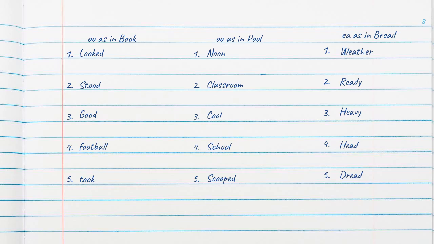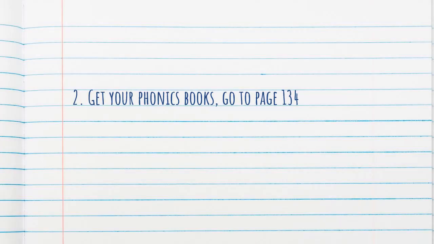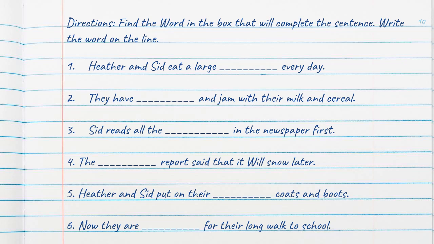Let's continue. Next page, page 134. And now let's see. In the first part, from 1 to number 6, we're going to read the directions. Find the word in the box that will complete the sentence. Write the word on the line.